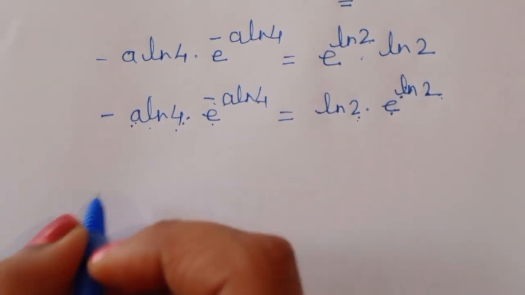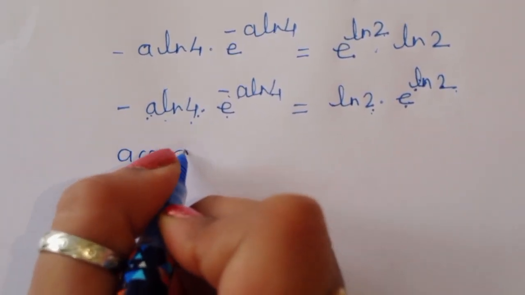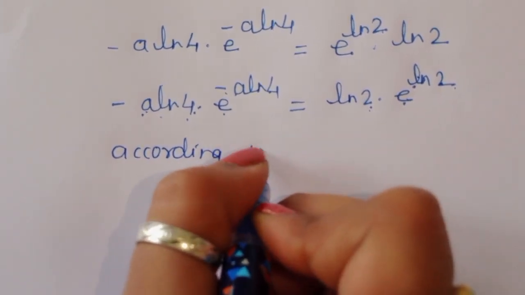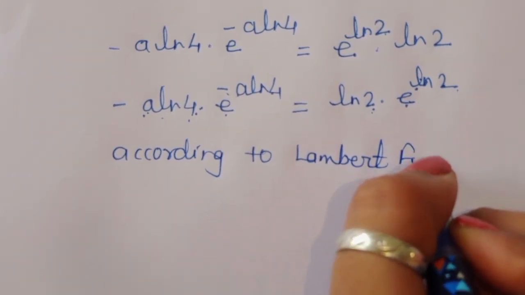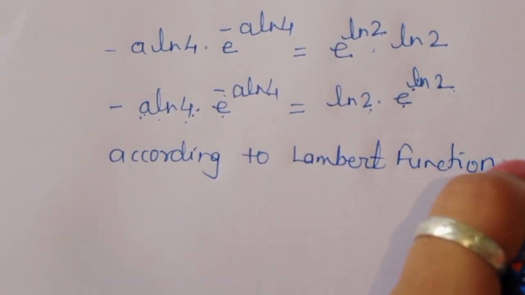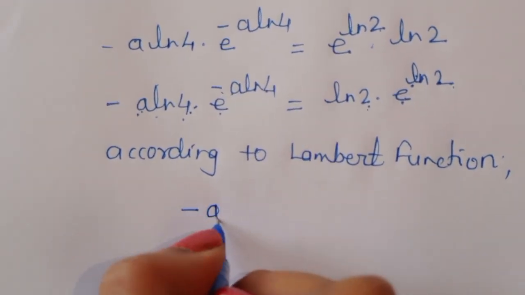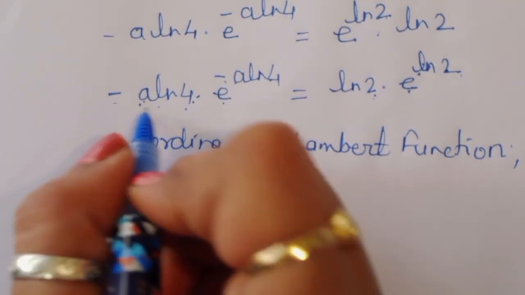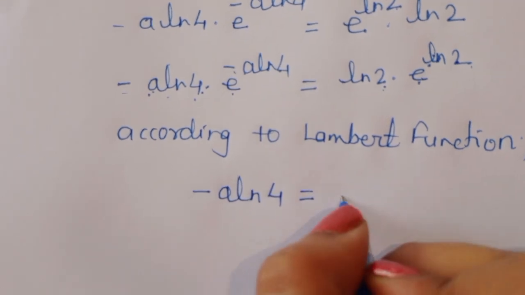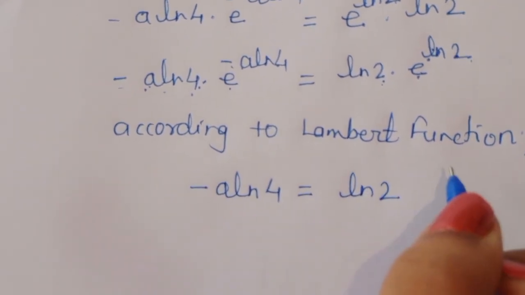So according to the Lambert function again, minus a ln 4 is equal to ln 2.